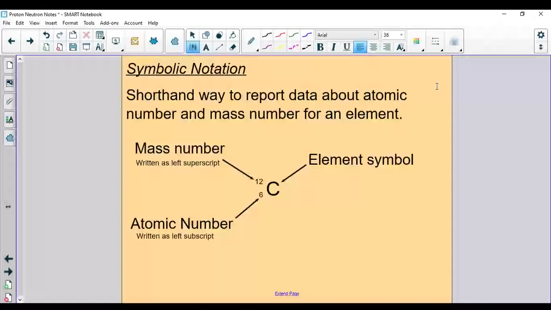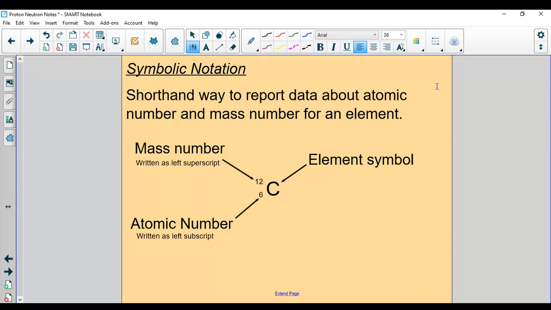Now, writing out those names can get long, and in chemistry, we really like to use shorthand. So there is a way to write this data in a short, concise way called symbolic notation. The reason it's called that is it's based on the element symbol. The way I like to remember it is the bigger number goes on top. It's higher up because there's more of it. And the bigger number is the mass number.